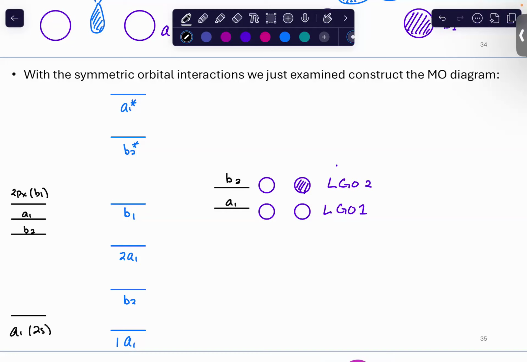So then we start saying what connects to what. Okay. Now I know I'm going to have an A1 mixed with an A1. And so there, and there.